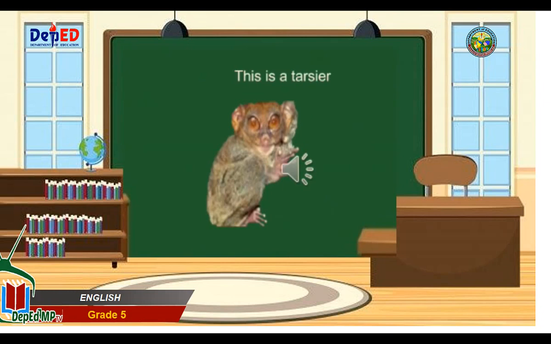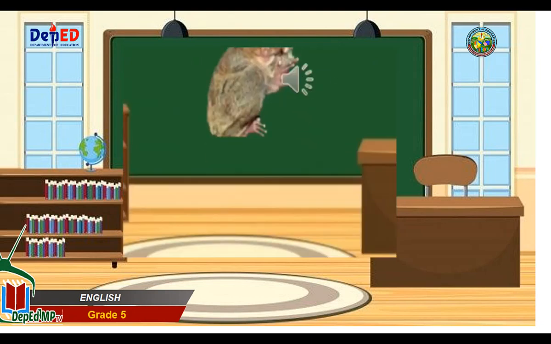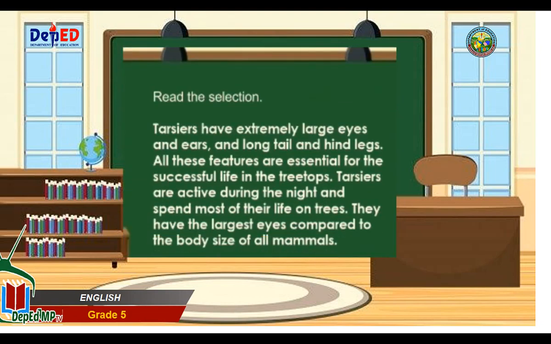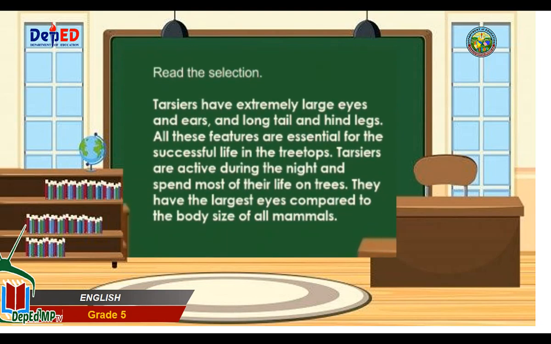Take a look at the picture of this animal. What is this animal? This is a tarsier. Read the selection.